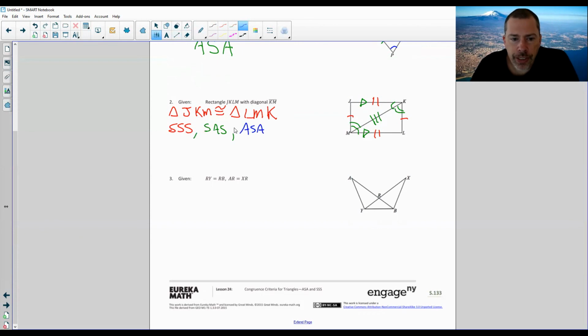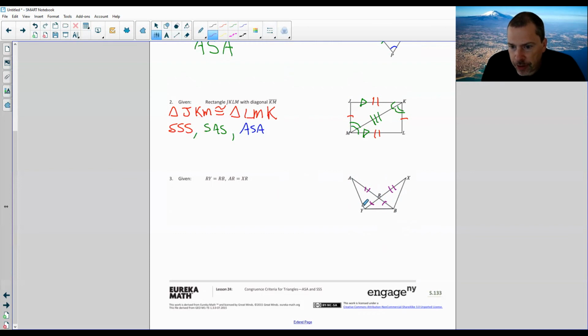Okay, number 3, given RY equals RB. Always label your diagram. RY equals RB. That side is equal to this side. AR is equal to XR. So what else do we have?